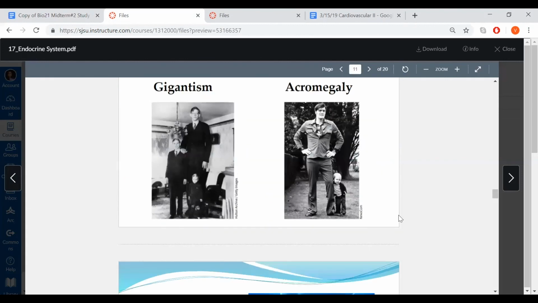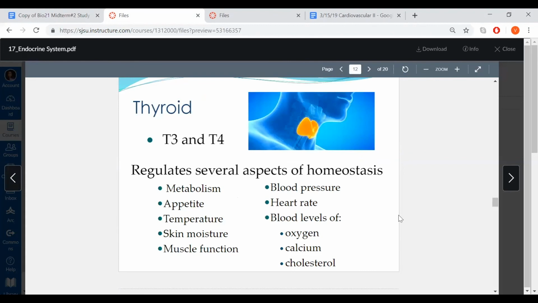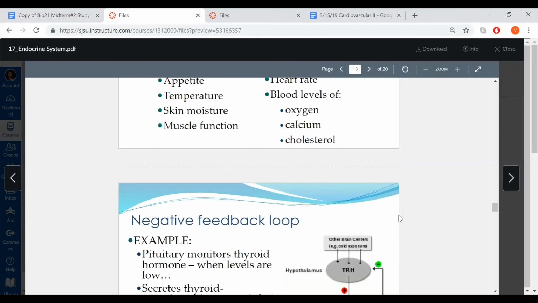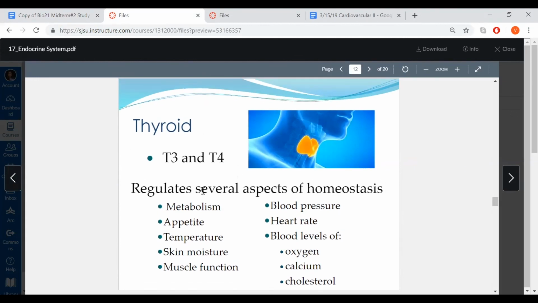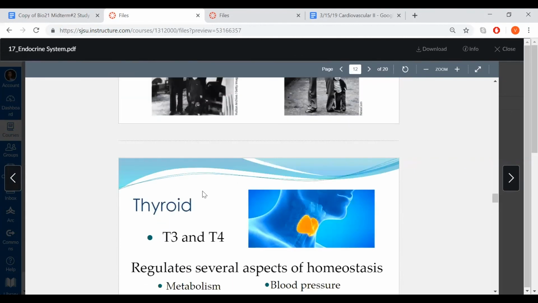Those pictures aren't very pretty. The goiter enlarges and your neck gets all big. So T3 and T4 are important to maintain homeostasis, maintaining internal balance inside your body.